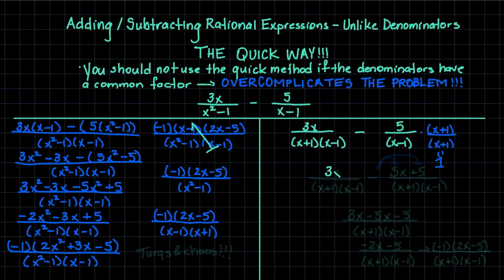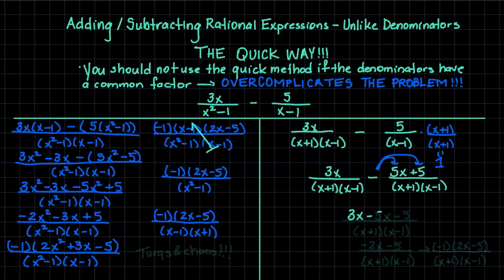So that gives us 3x over x plus 1, x minus 1, minus 5x plus 5, all over x plus 1, x minus 1. Okay, now I have a common denominator, so I can subtract straight across, remembering that this subtraction has to distribute.